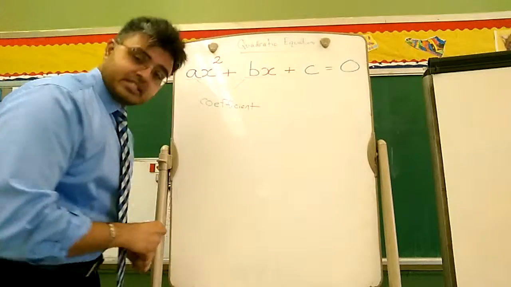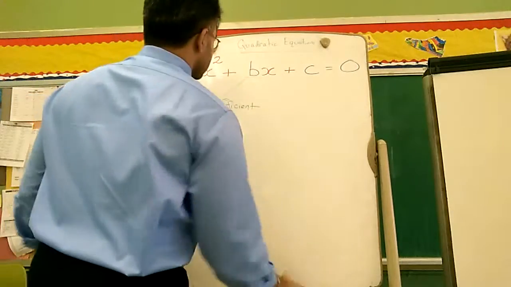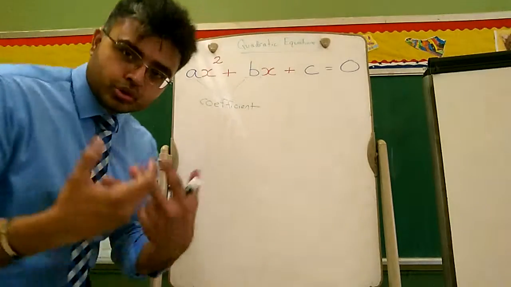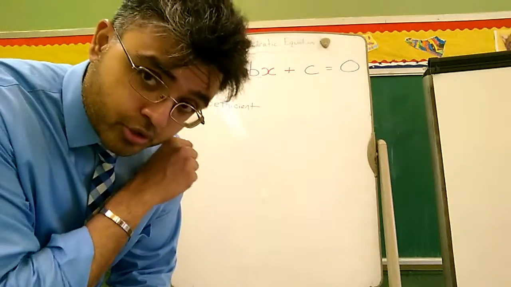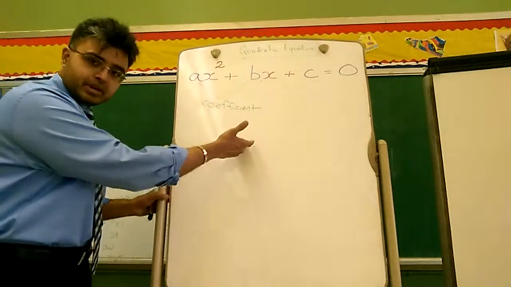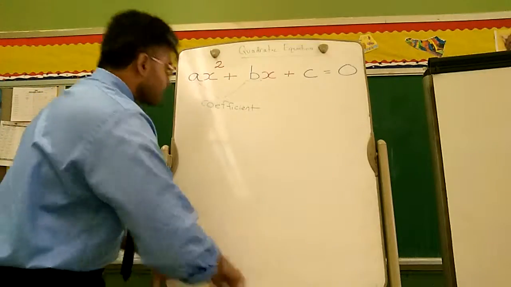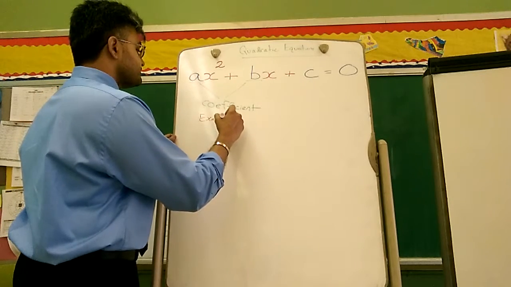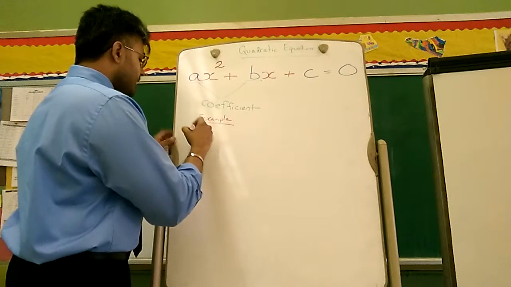Now, let us see what all this means. So ax squared plus bx plus c equals 0. Let me show you using a real example of a quadratic equation. I'm going to put the example right here for you. So here's an example. How about this?